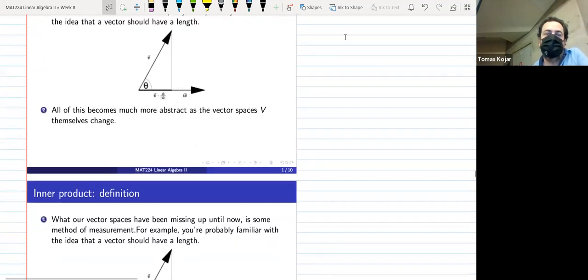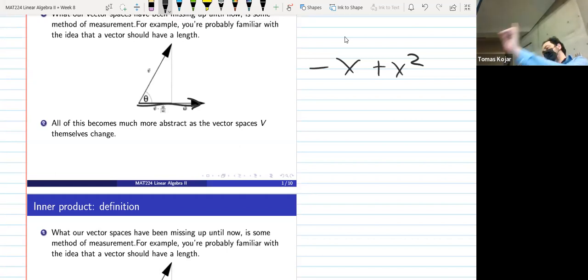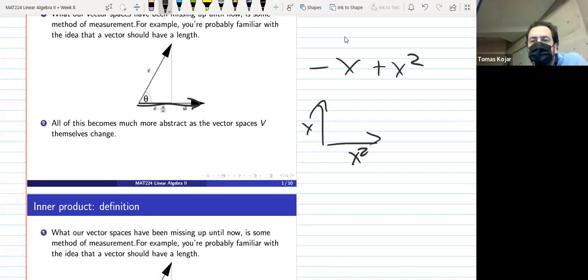So you know the familiar stuff that you have some basis and you project to that basis to compute the length. We have the same idea. So you have something like minus x plus x squared, and you project it down to your basis elements. You can map it. Let's say this is a 3.